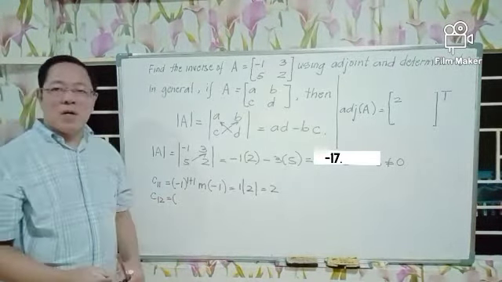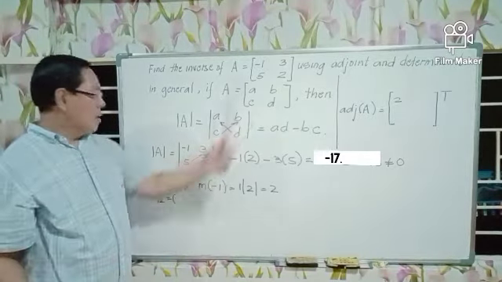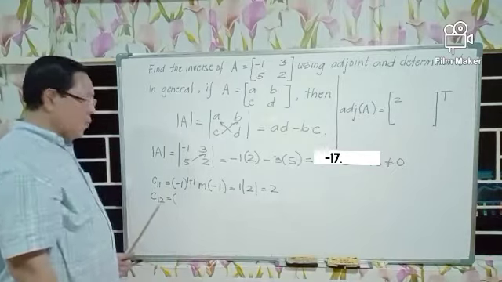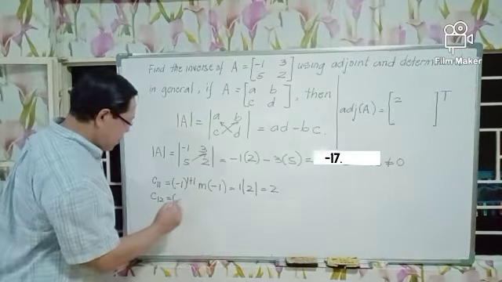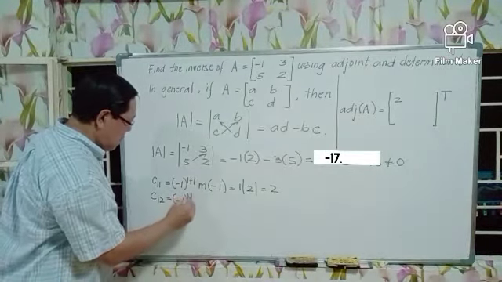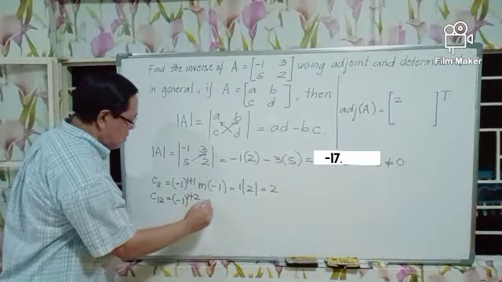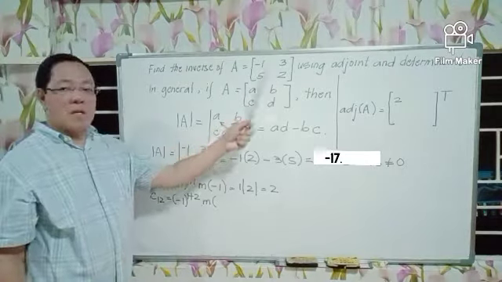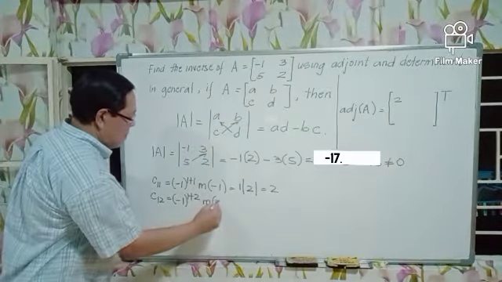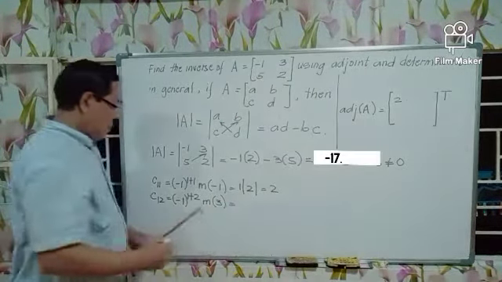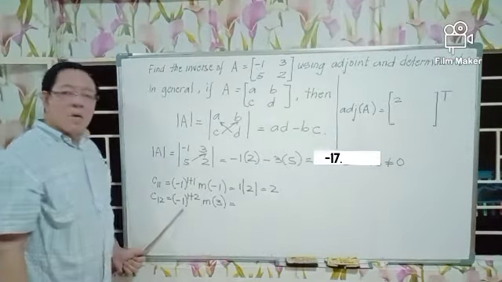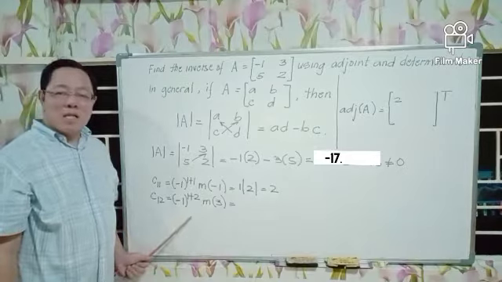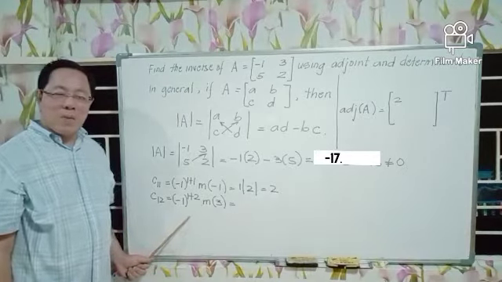And C sub 1, 2 is equal to quantity negative 1 raised to 1 plus 2, multiplied by the minor of 3. And negative 1 raised to 1 plus 2 is equal to negative 1 raised to 3, and negative 1 raised to 3 is equal to negative 1.